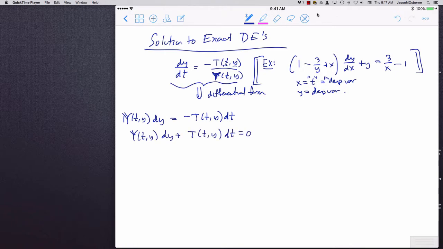From here we would then be able to compute our vector field for this differential equation.